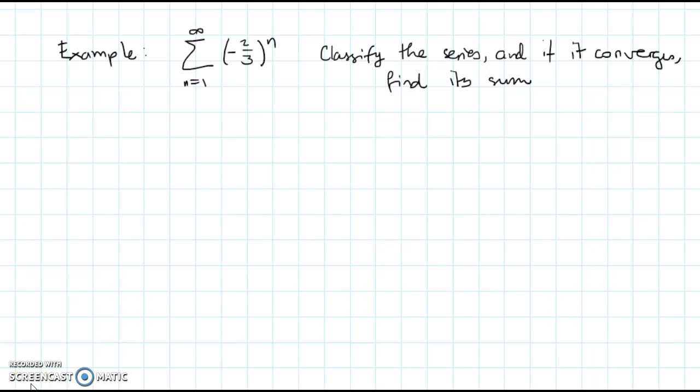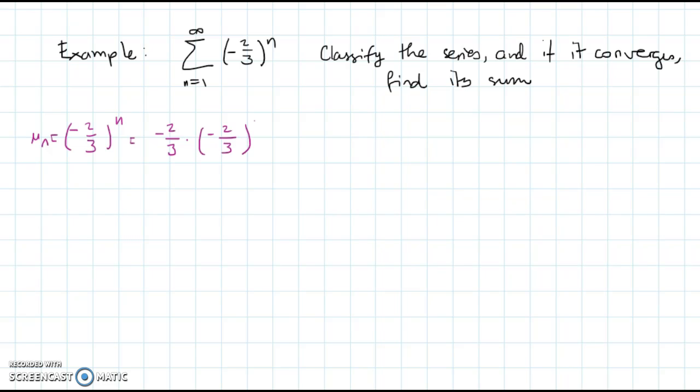Let's see an example. We are going to consider the series associated to the sequence minus 2/3 to the power of n. We want to classify it, so we want to decide whether it converges or not, and if it converges, we want to find its sum. This is our sequence un. So that means that the initial term is minus 2/3, and the common ratio is also minus 2/3.